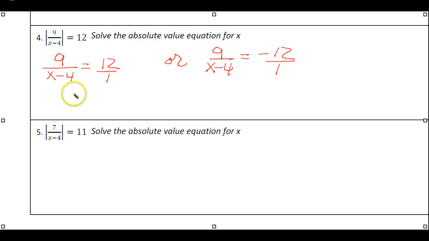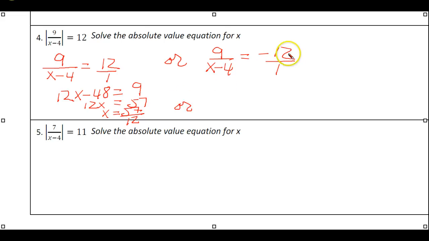This will be 12x minus 48 equals 9. And then we'll transpose that. This will become a positive 57. X is, after you divide both sides by 12, 57 twelfths here.